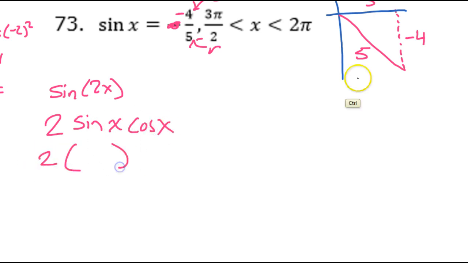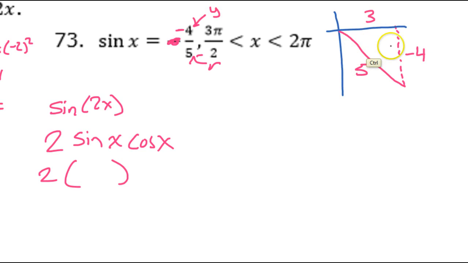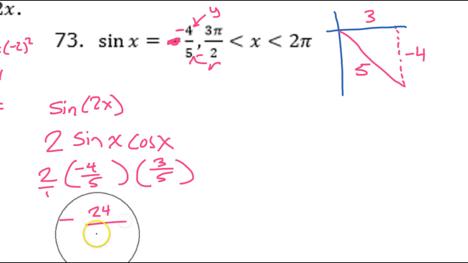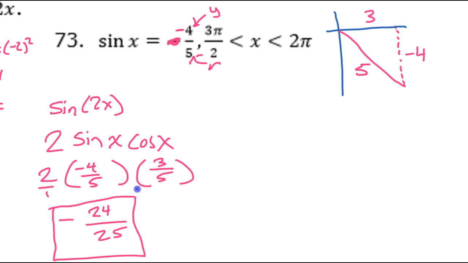But sine x, that is y over r. So that's going to be negative 4 over 5. And then cosine x is x over r. So that's 3 over 5. And this is like 2 over 1. So if I multiply these numerators, I'm going to get negative 24 over 25.